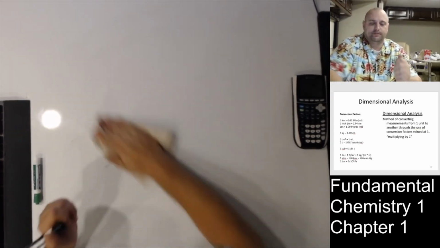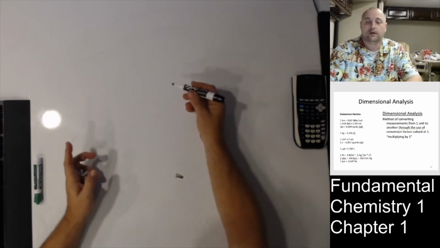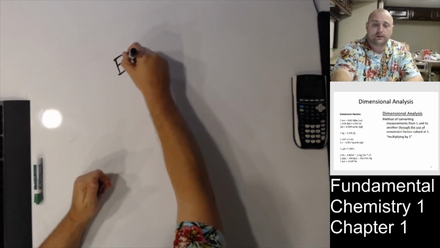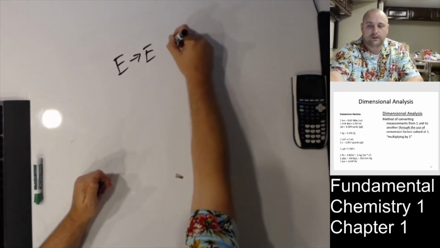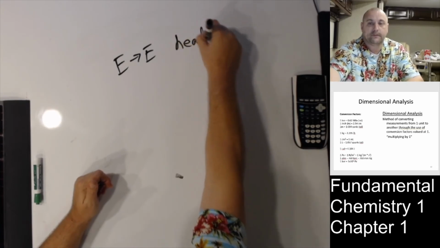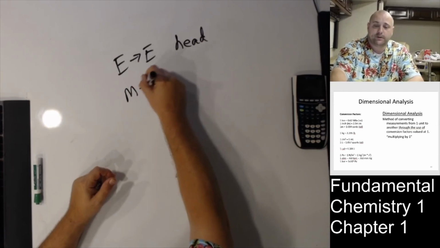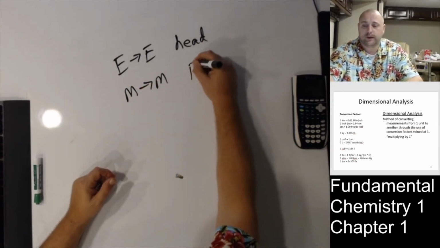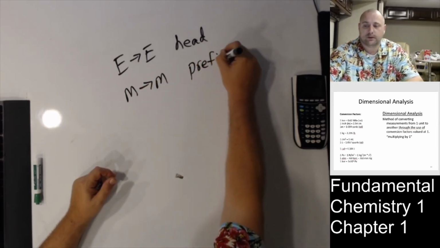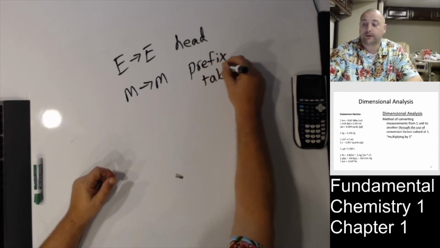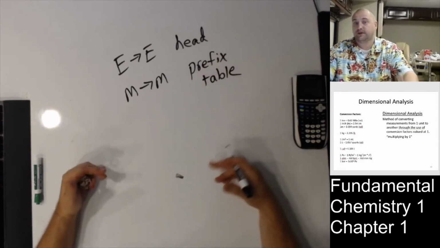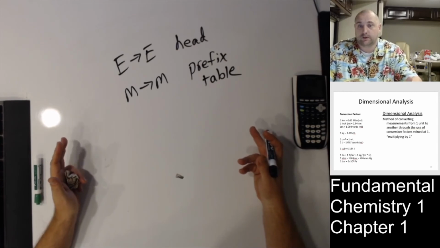All right, so English to English, you get it out of your head. If it's not in your head, I give it to you. Metric to metric, you're going to go to that prefix table. Remember, if it's one prefix to another prefix, then you're going to have to go to the base unit first.